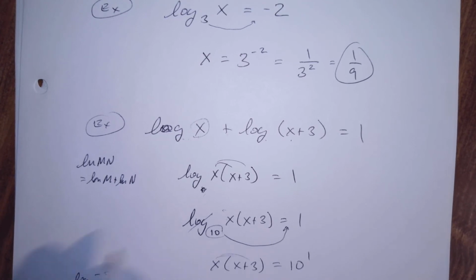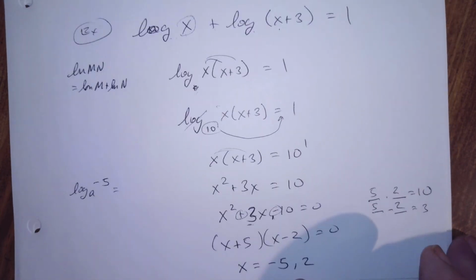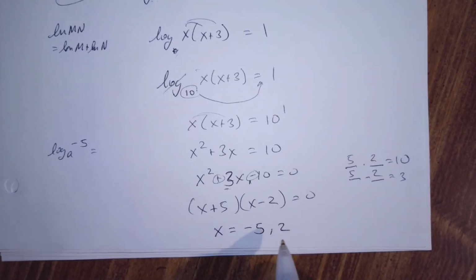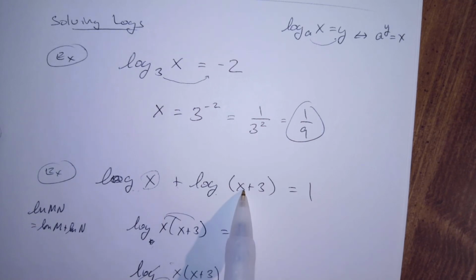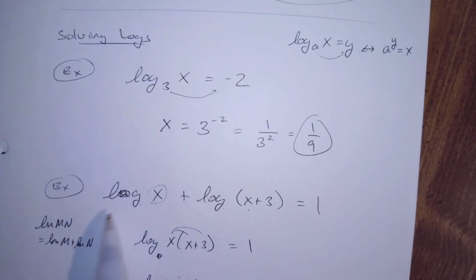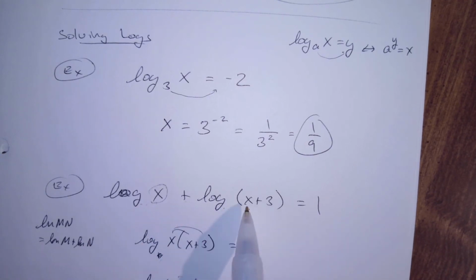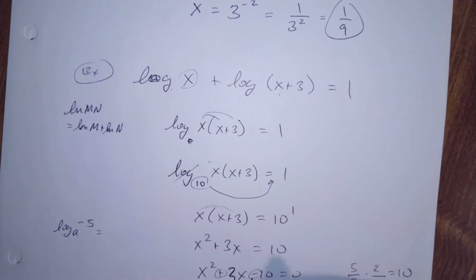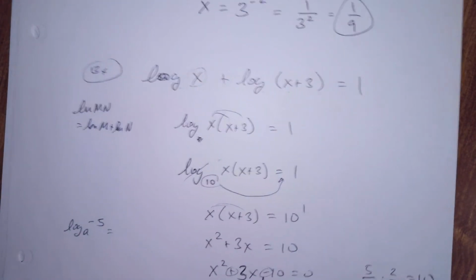Can that equal whatever it's supposed to equal? Check it out. Use your calculator. Is one of the answers going to get dropped, or are both of them legitimate? Plug them in, each one. Take negative 5, plug in both of those. Work it out. Take a 2, put in both of those. Log of 2 plus log of 5 equals 1. All right? So check that out.